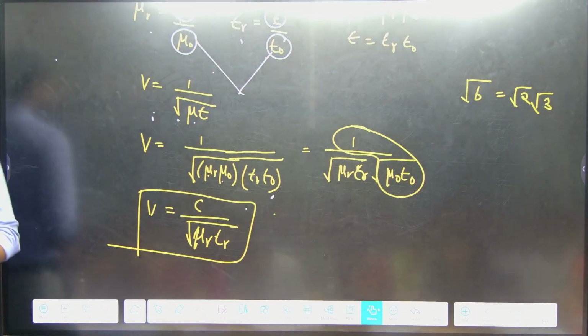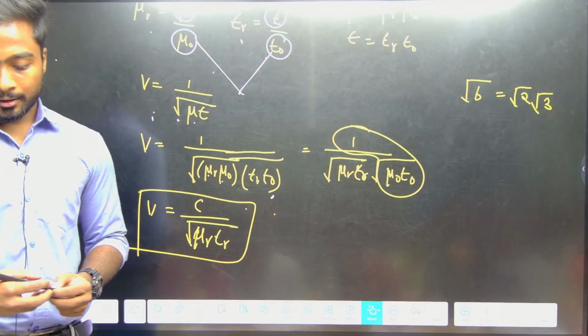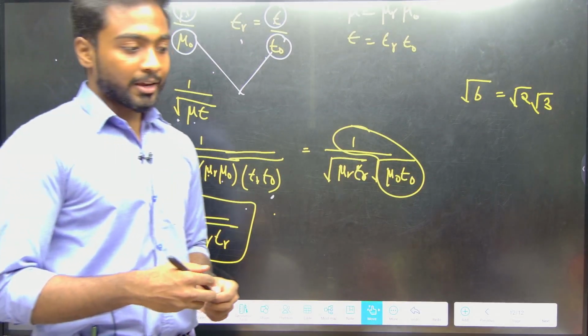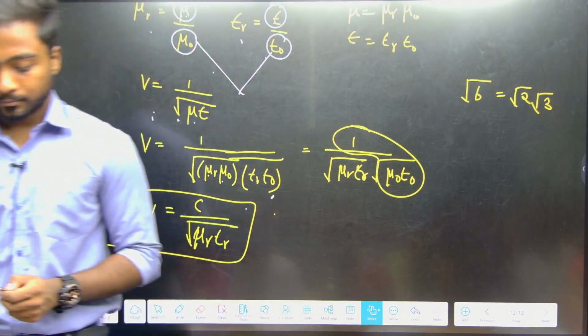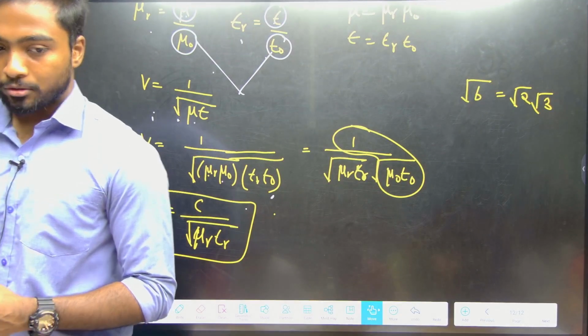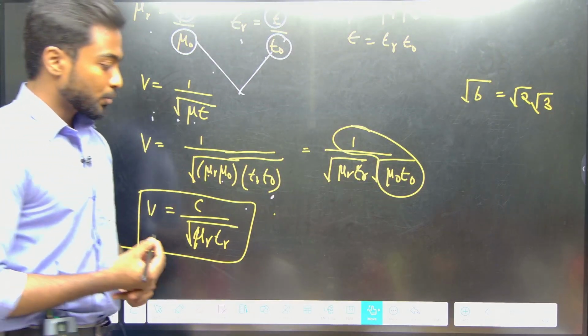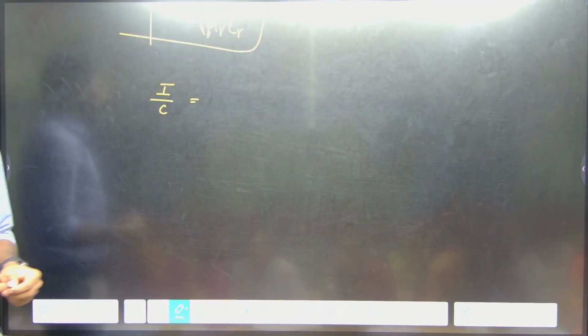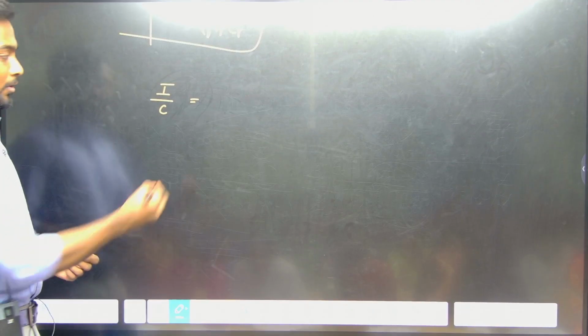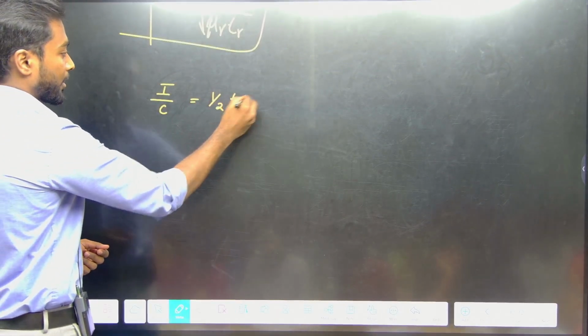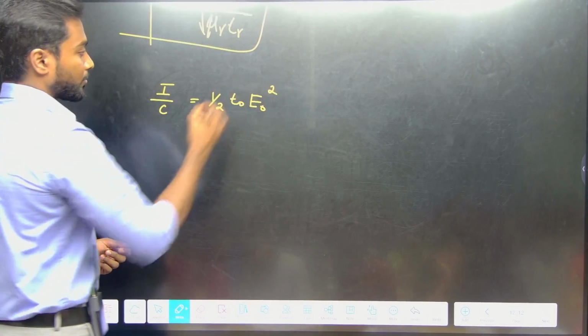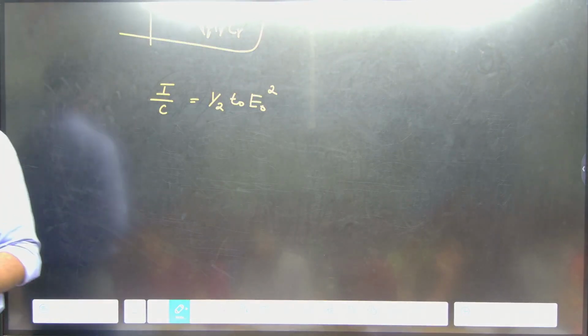The next formula, average electrostatic energy is equal to 1 by 2 epsilon naught E naught square.